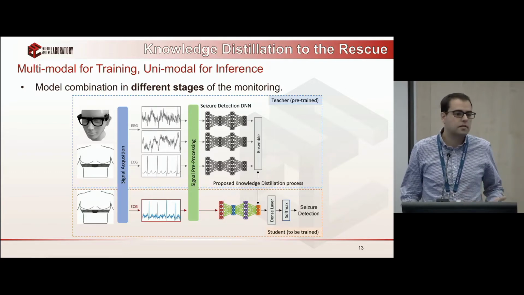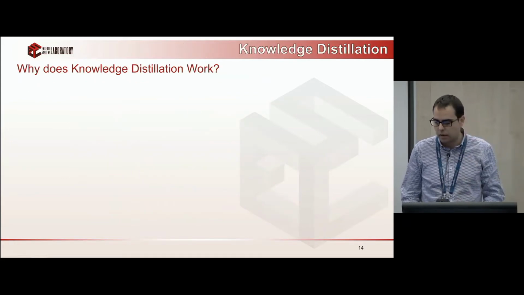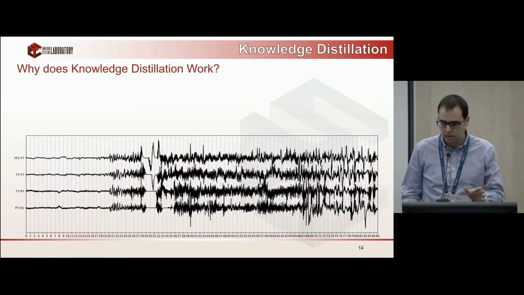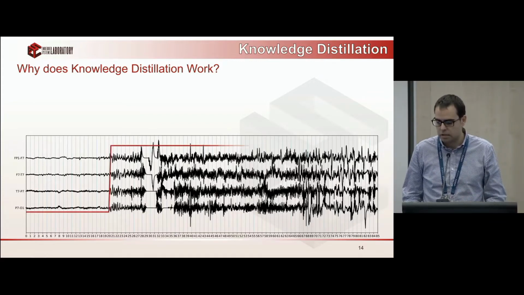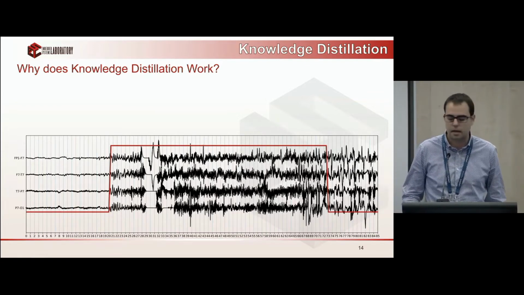But what is the difference with respect to normal training of a model? Well, let me show you an example of a real seizure in which we can see 4 channels. The seizure starts at second 20 and finishes, well, I'll show you now because this is the label that we have in the data set. Let's call this the hard label.